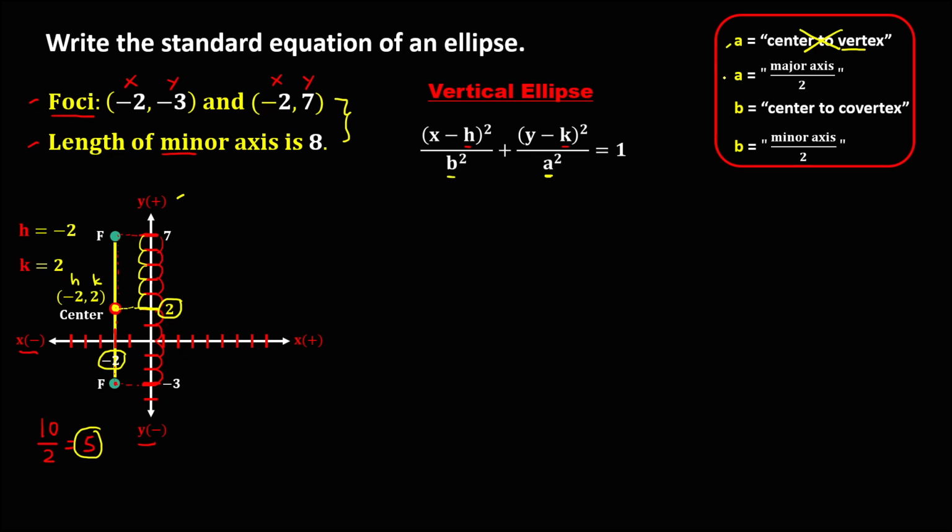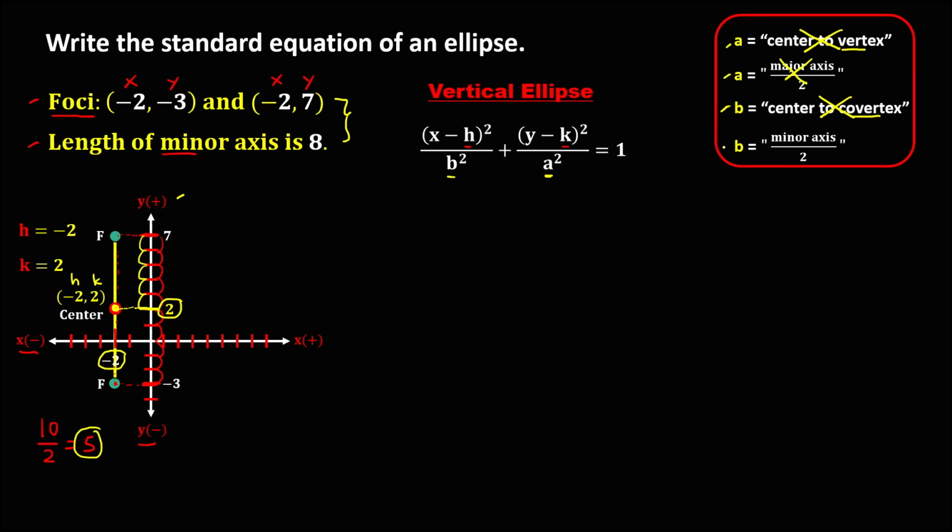Then the other formula for a, the major axis divided by 2. Since from the given there is no major axis, therefore we cannot use this formula to solve for a. Then proceed to b, center to co-vertex. Since there is no given co-vertex, therefore we cannot use this formula to solve for b.